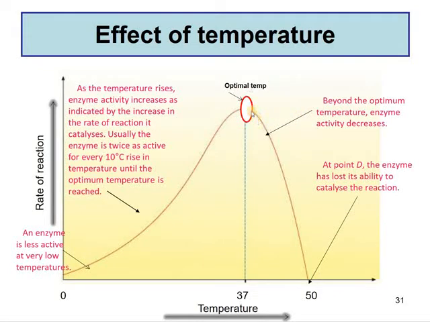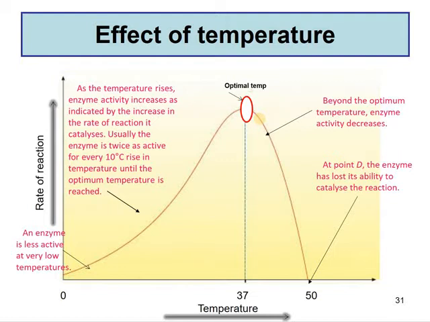So as the temperature increases beyond the optimal temperature, the enzyme activity decreases, because the hydrogen bonding and other bonding that are formed around the active site are starting to break, because now the temperature has increased up to a point whereby the kinetic energy is too great. The molecules are vibrating much faster, up to a point whereby it's no longer just affecting the movement of these molecules to collide, but it's actually breaking the bonds that are within the enzyme structure itself.